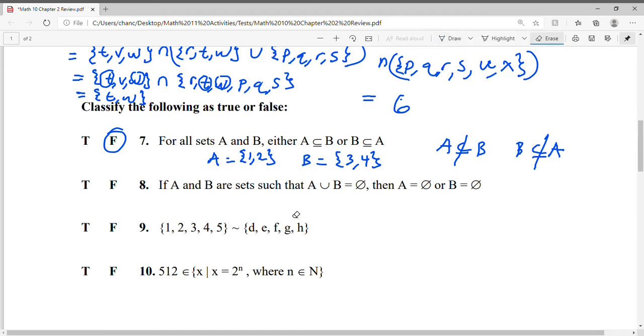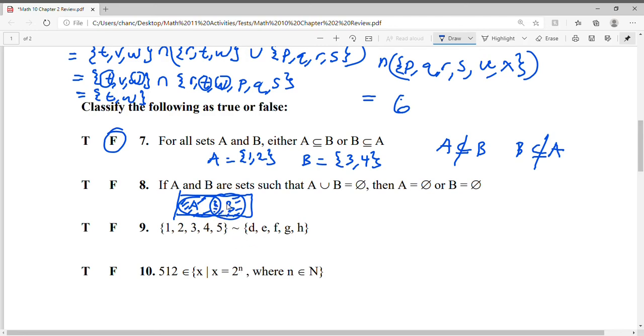For question 8, if A and B are sets such that A union B is equal to the empty set, then A is equal to the empty set or B is equal to the empty set. We know the union between two sets A and B is everything that's in A, everything that's in B, and everything in the overlap.